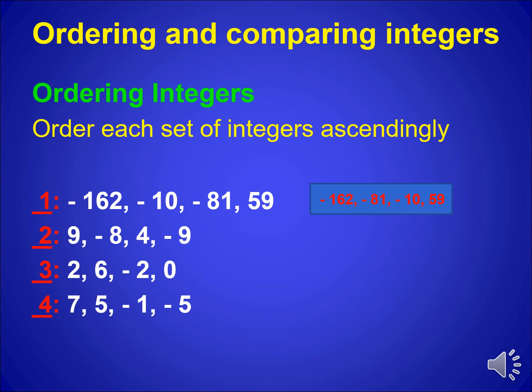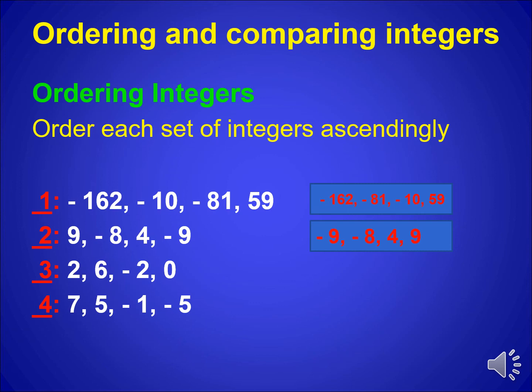So I have negative 8 and negative 9. Which one is smaller? Yes, negative 9, because the greatest in the shape is the smaller in the value. So the first number is negative 9, and the next, negative 8. And I have 4 and 9. So the smallest is 4, and the last one is 9. So the order will be negative 9, negative 8, 4, and 9.